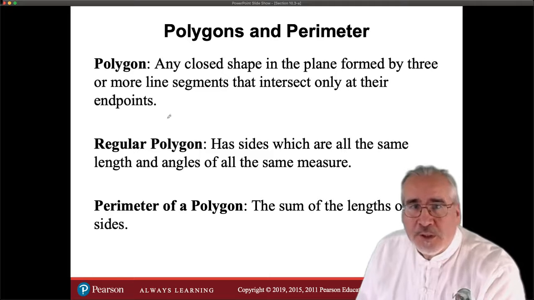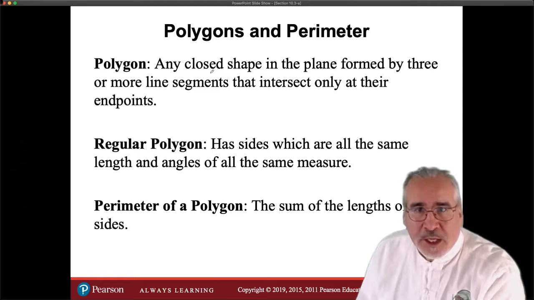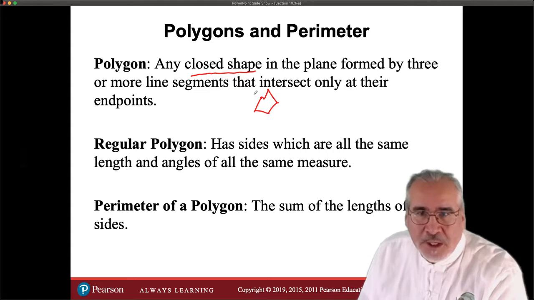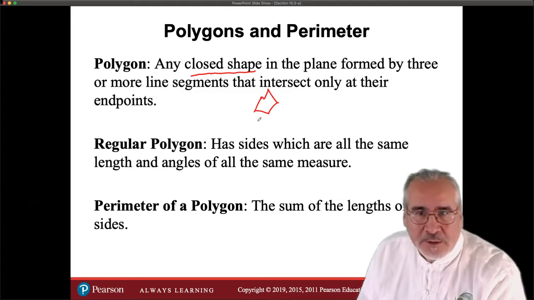So a polygon is any closed shape, which means that it has a beginning, and the beginning and end come back together. So you've got a starting point, you do something, and it's closed if they meet up again. A regular polygon has sides which are all the same length, and the angles are all the same measure.